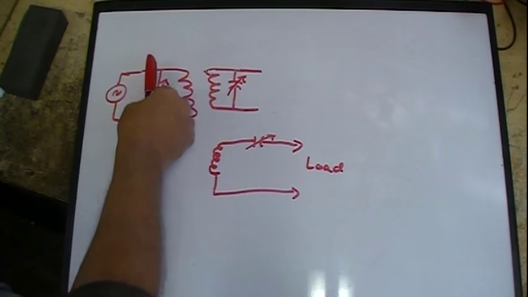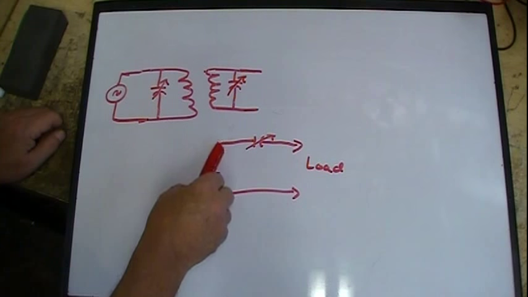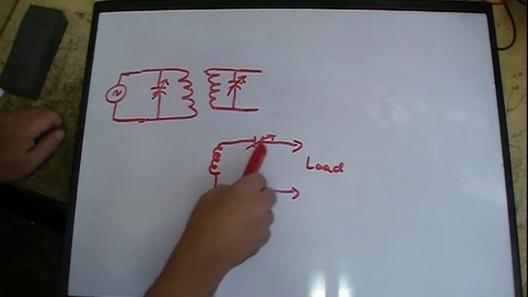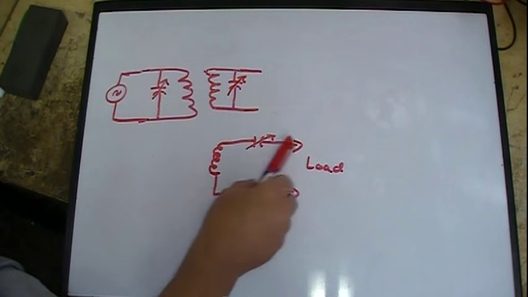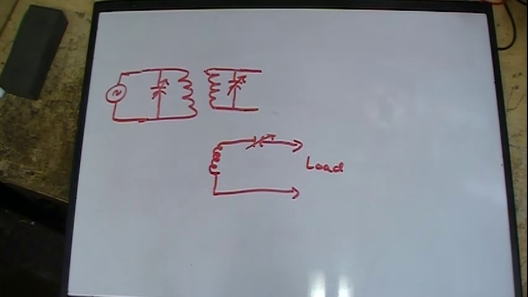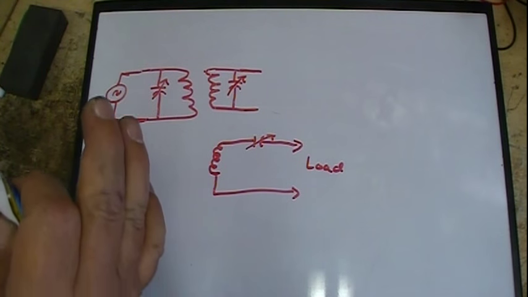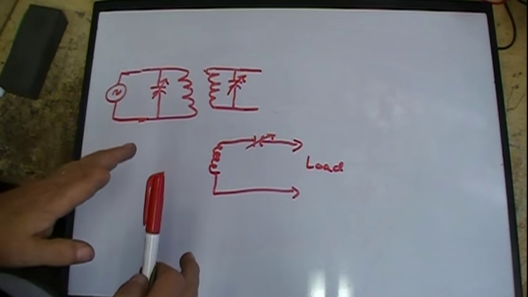Since I'm not applying the signal this way, it's applied inside the coil here. So the voltage builds up here and then feeds out to the load. Otherwise, they're basically the same.